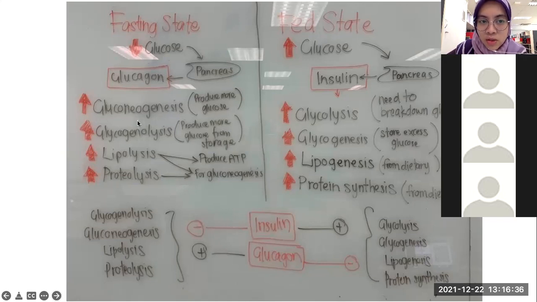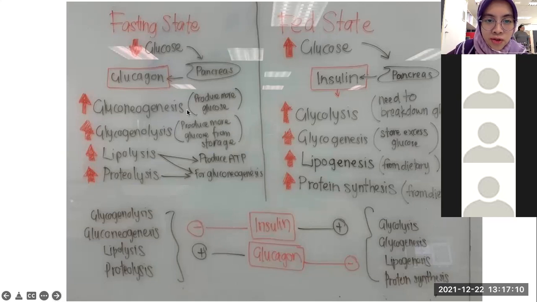So in fasting state, gluconeogenesis will take place. What is gluconeogenesis? Gluco is the glucose part, neo is the new, genesis means to produce. So gluconeogenesis is to produce more glucose, but remember, it is about producing glucose from non-carbohydrate sources, meaning producing glucose from amino acids and also lipids.